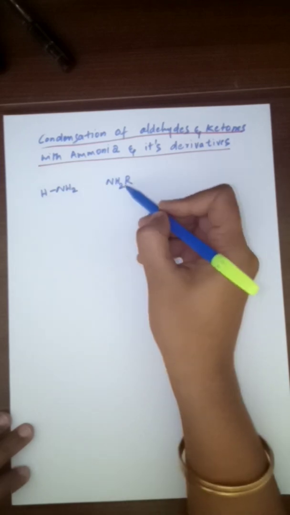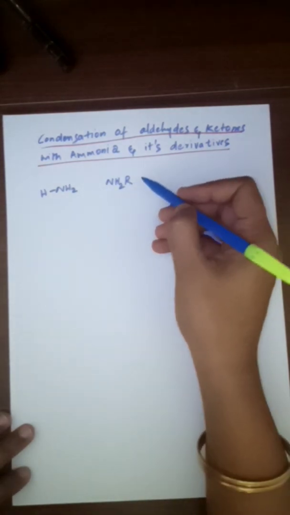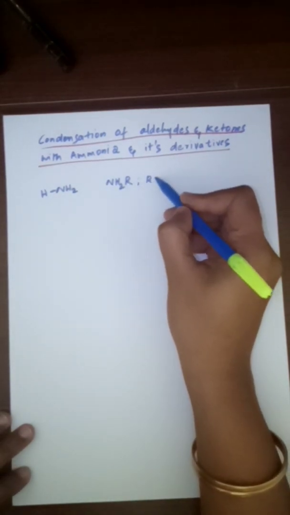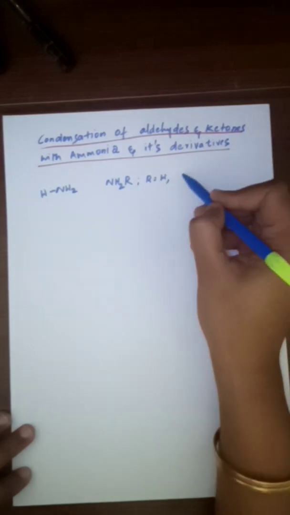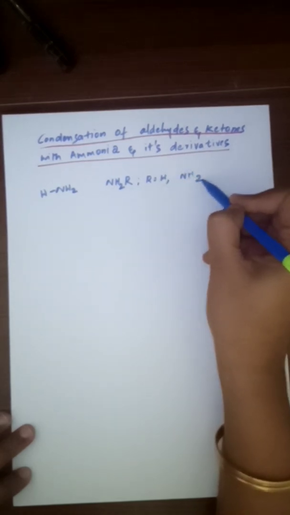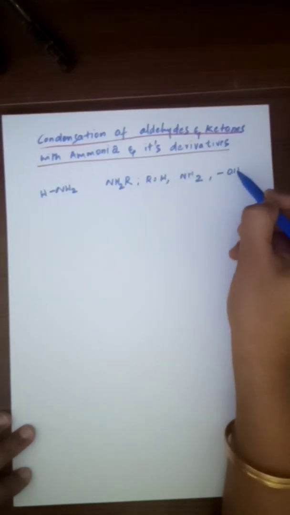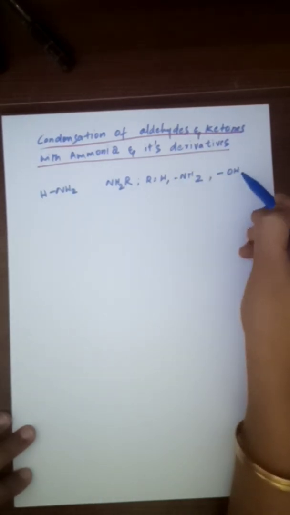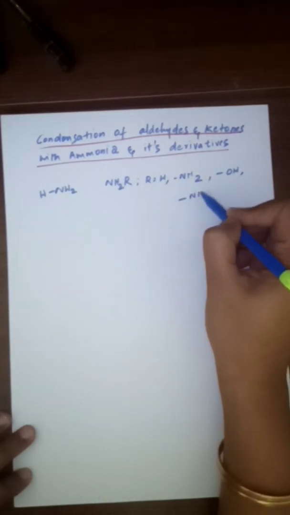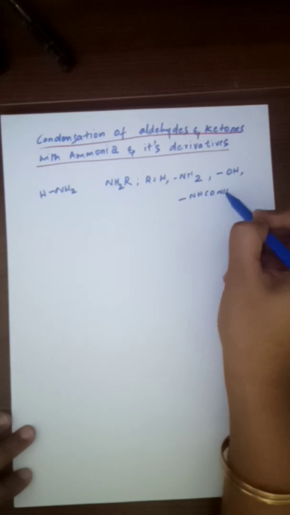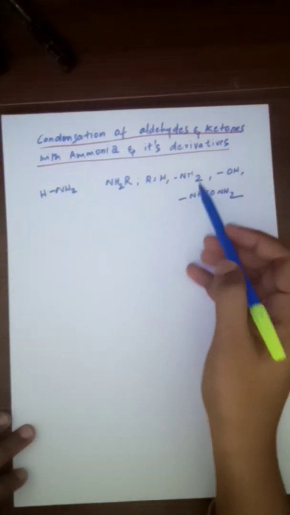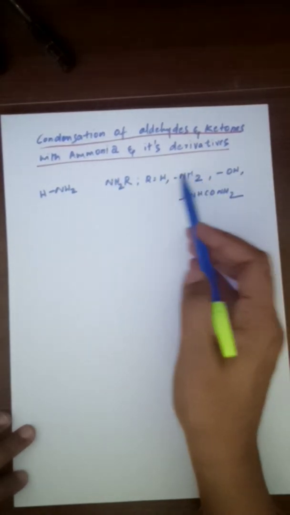So NH3 and NH2R, where R can be hydrogen, it can be NH2, it can be OH, or it can be NHCONH2, etc. These are the derivatives of ammonia.